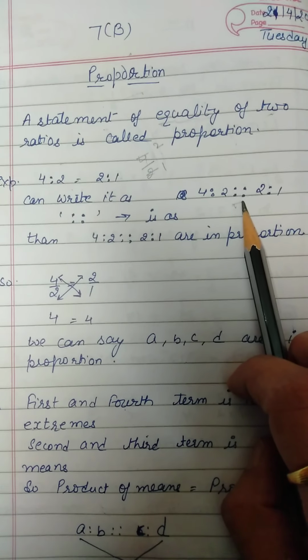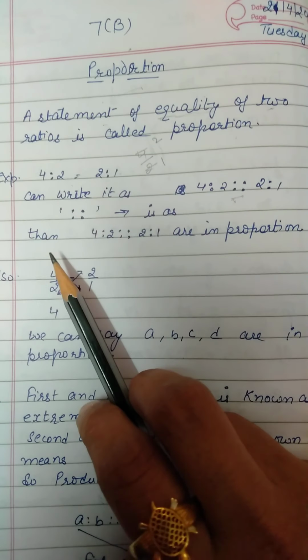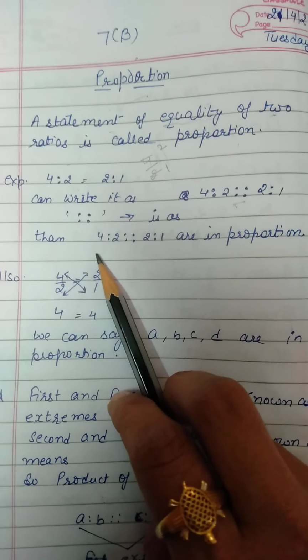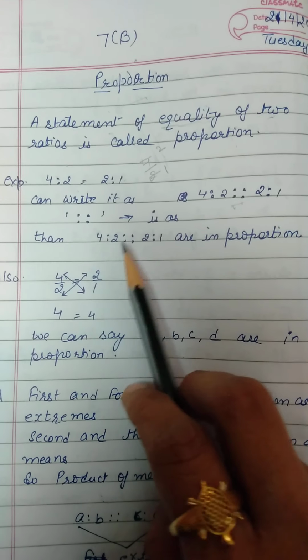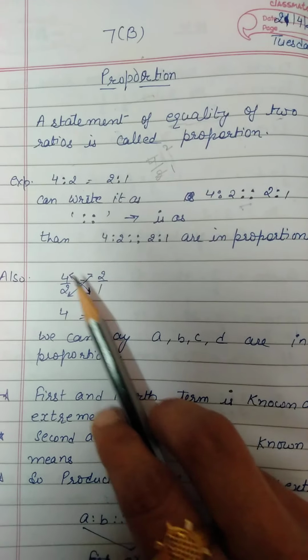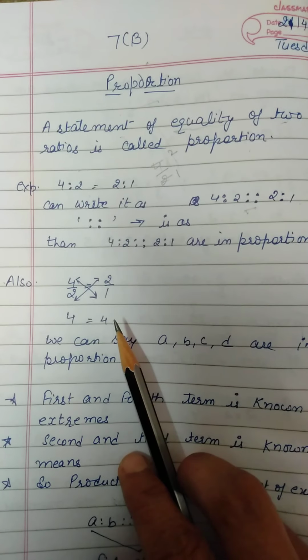This is the symbol of proportion as 2:1. This is called a proportion because the two ratios 4:2 and 2:1 are equal. If you cross multiply also, you will get that left hand side is equal to right hand side.